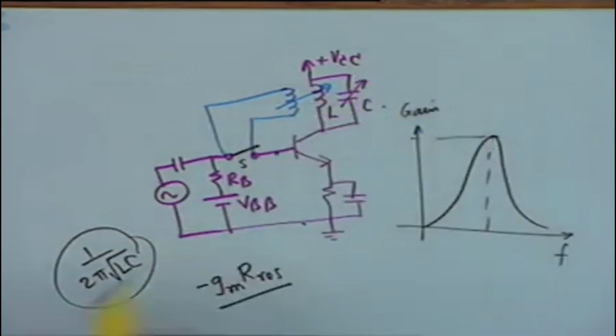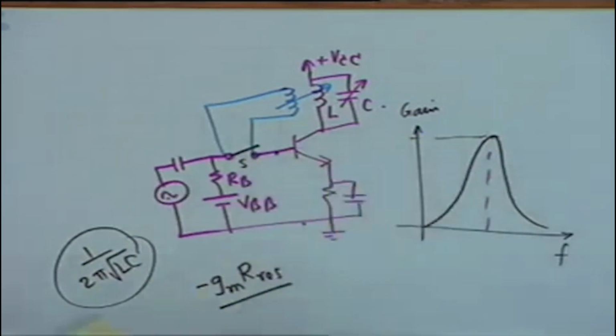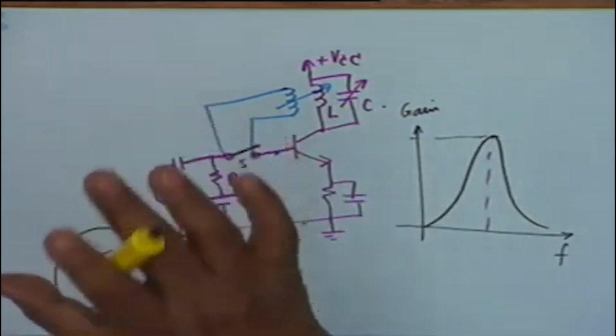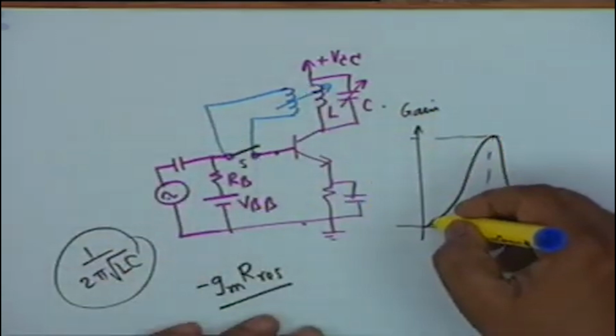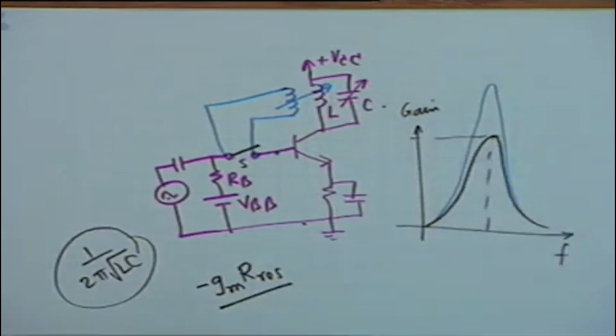You feed back a part of the output, and if the feedback signal helps the input signal, that is, if Vi and the feedback signal are in phase, if they help each other in the same direction, then you will get an enhanced gain, all right, the gain shall increase.